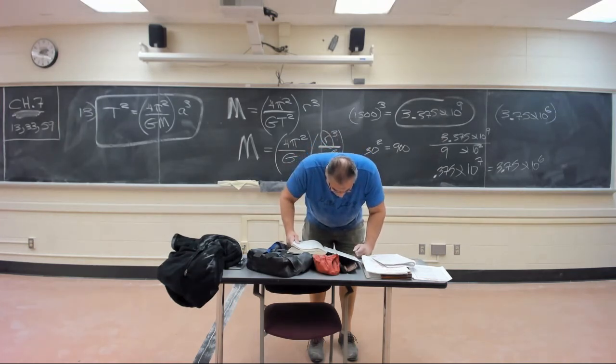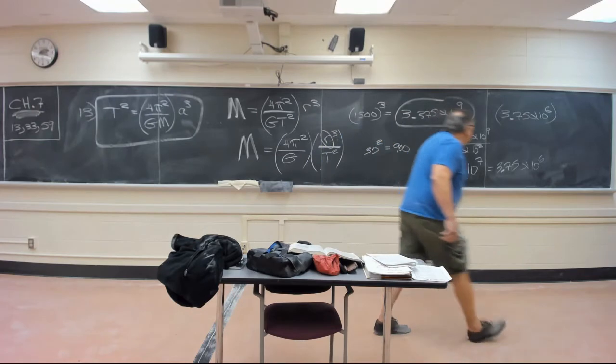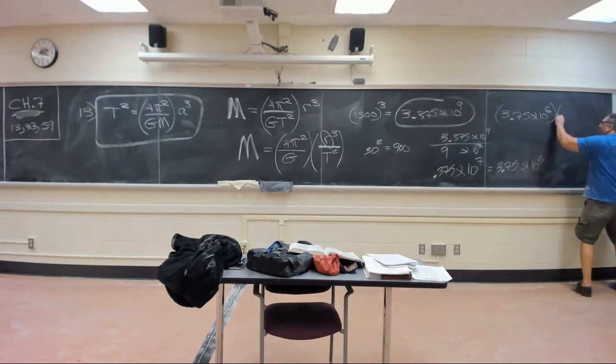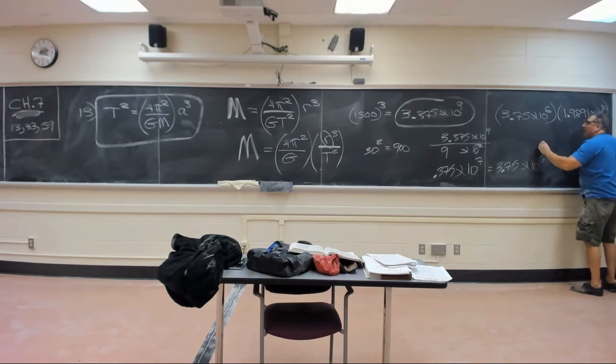Mass of the sun, 1.9891 times 10 to the 30th. Okay, so let's see what we got here.